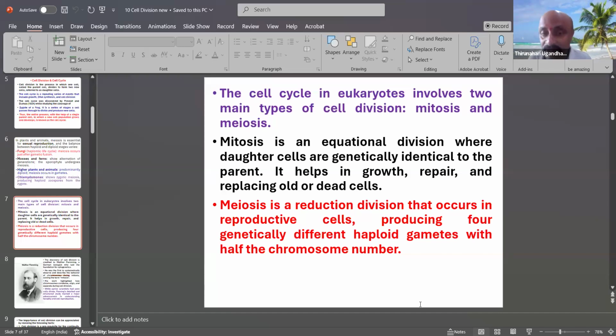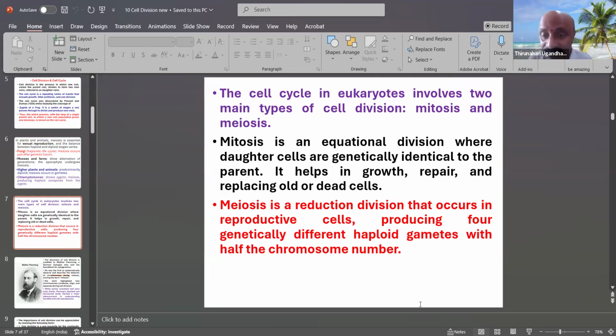Identical means same. It helps in growth, repair, and replacing old or dead cells. Old cells means parental cells. The new cells are called daughter cells.